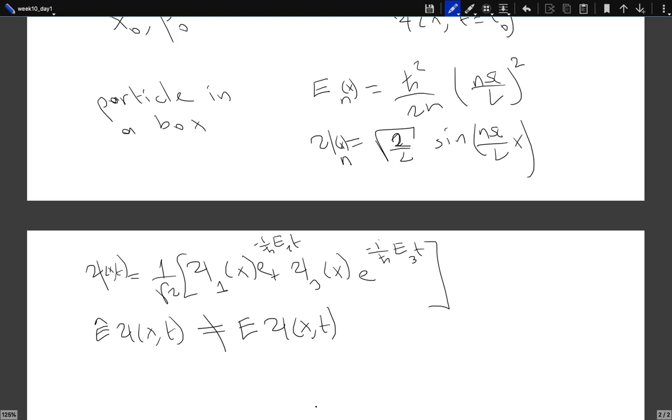And if I measure the energy of that one particle, then the outcome will be either E1 or E3. It cannot be both, but it can't just be a combination of them either. No. It will be either one or the other one.